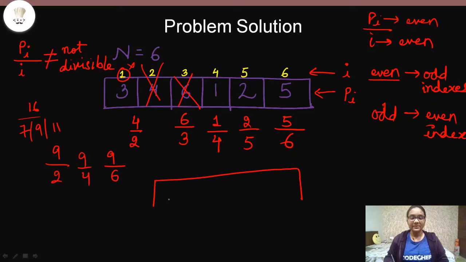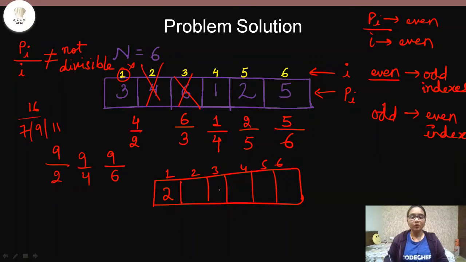Let us see for this particular example what the solution is going to be. We have formed an array of 6 elements: this is the first, second, third, fourth, fifth and sixth index. At the first index, which is an odd index, we are going to place 2.